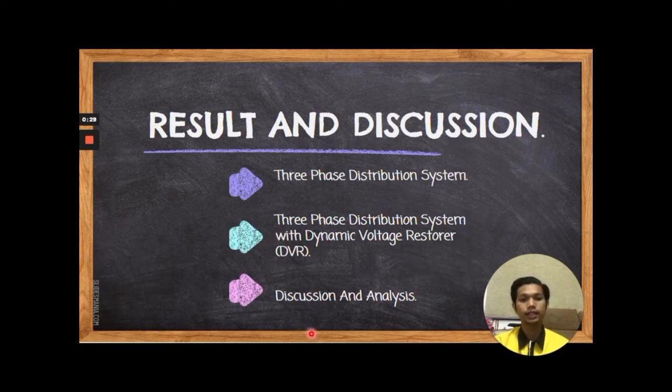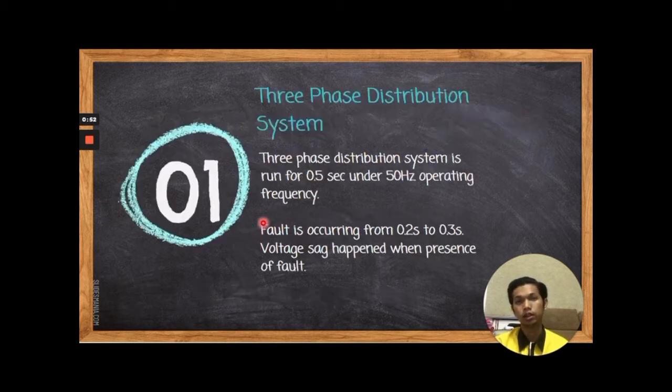In this section, we will discuss the analysis of power quality issues that are involved in the circuit, which is voltage sags. The result will be compared before and after the mitigation of voltage sags, and also will be explained accordingly.